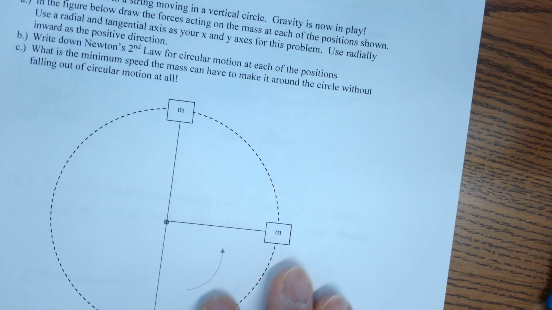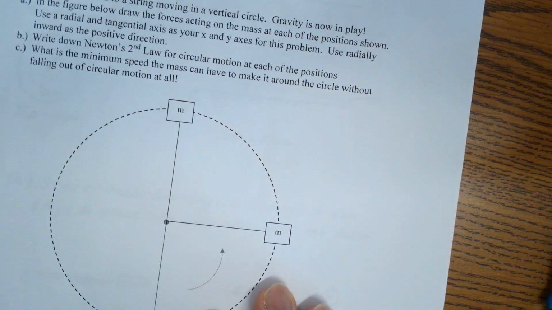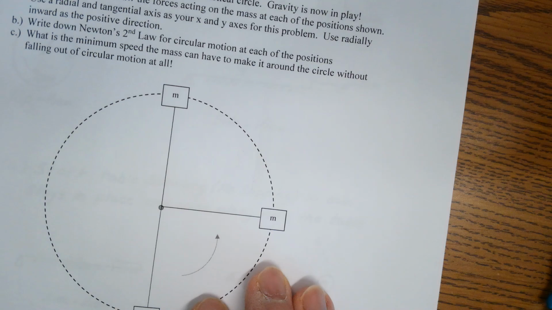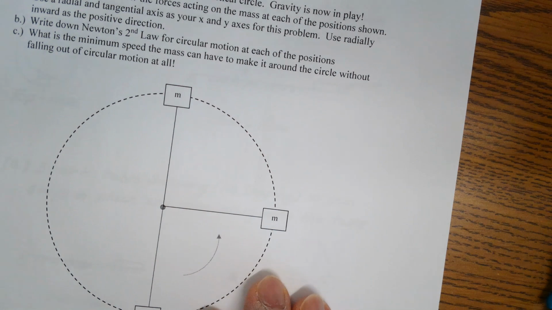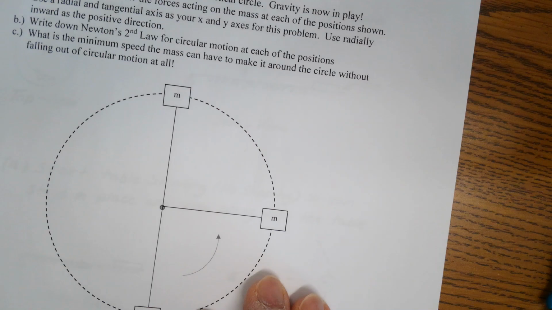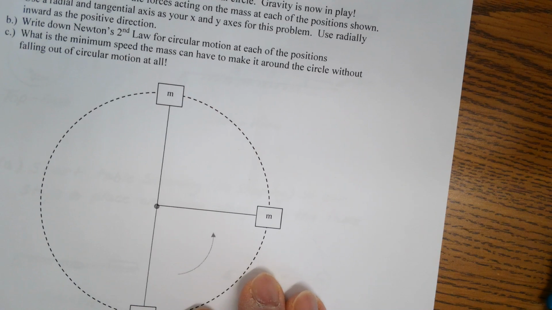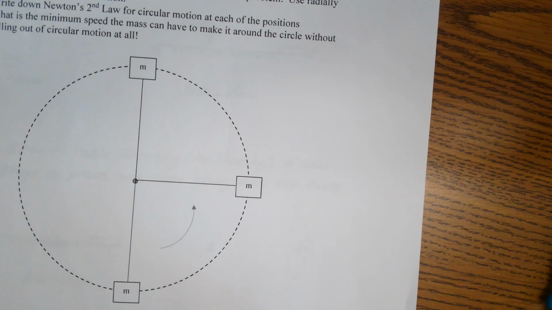All right, so here we go. Vertical circular motion. Vertical circular motion is slightly more complicated than the horizontal circular motion.